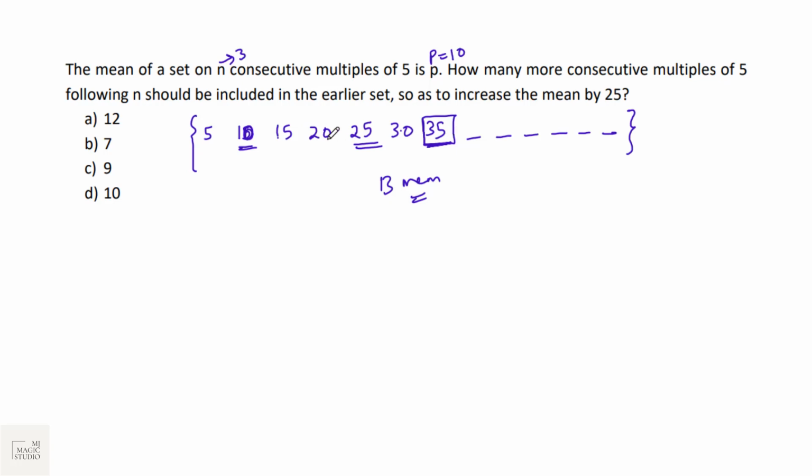Got it? Earlier, we already have 3 members in the series. So how many members have we added? 13 minus 3, that is 10. So if I add 10 more members in this series following n, then the mean of the new series would increase by 25. Answer is D, 10.